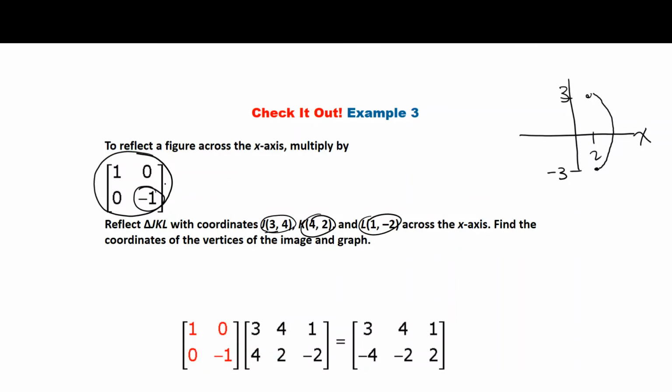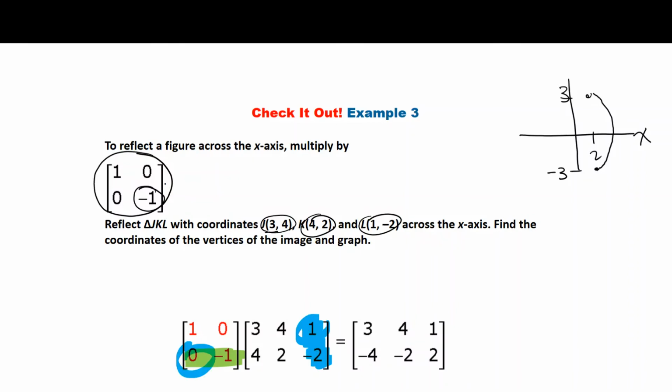Again, second row, second column. 0 times 4 plus negative 1 times 2, negative 2. And let's go ahead and finish it all out. Last, we're going to do our second row, and we're going to talk about our third column now.